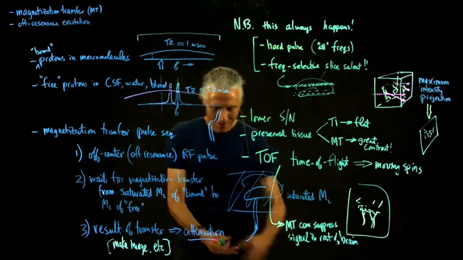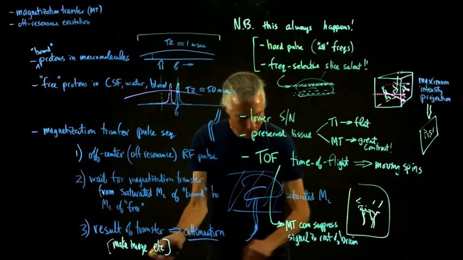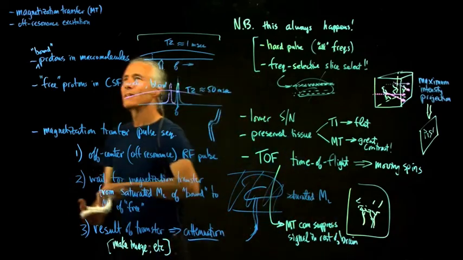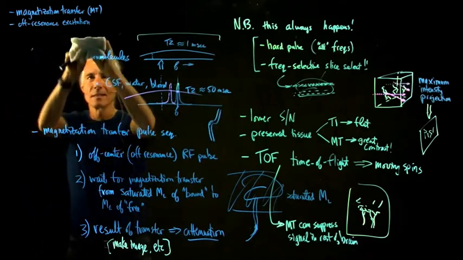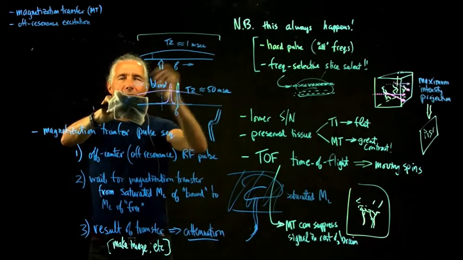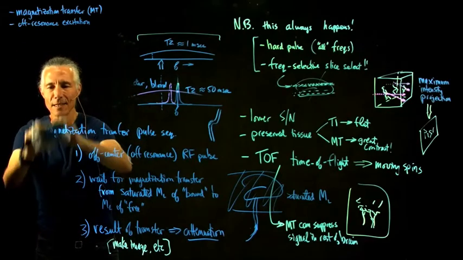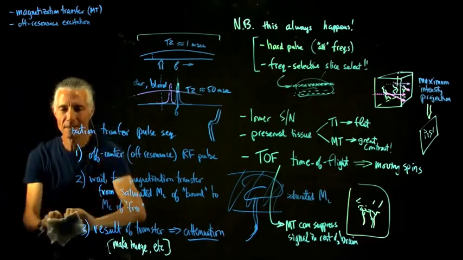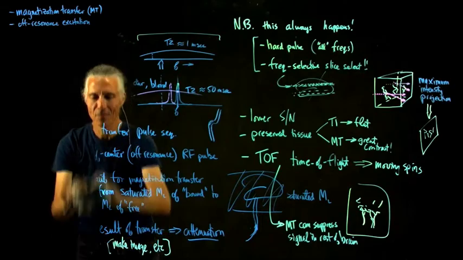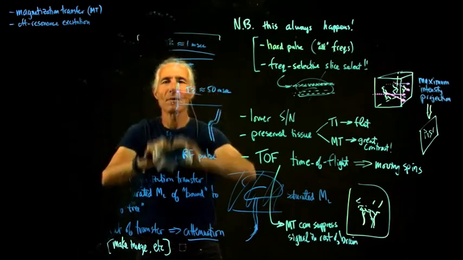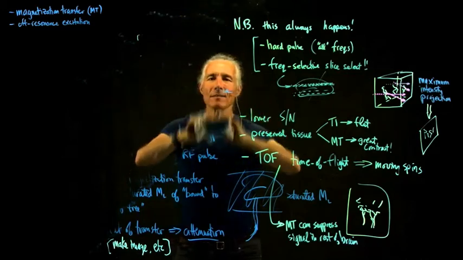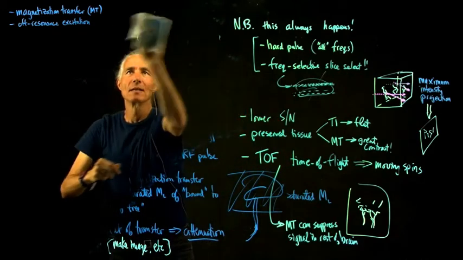So now what we want to do is try to understand the off-resonance excitation idea, because this is what we're doing here. We're doing off-resonance excitation, and what's a way of thinking about that that we can jam into our primate brains in a way that we can see a little picture?